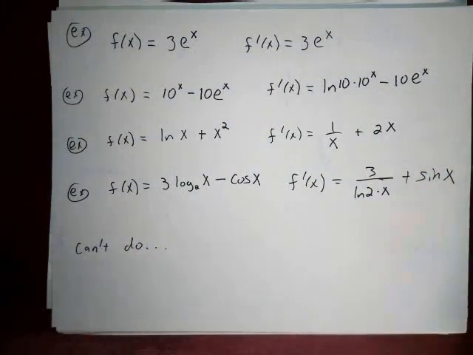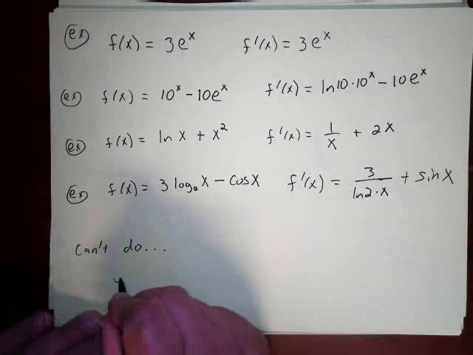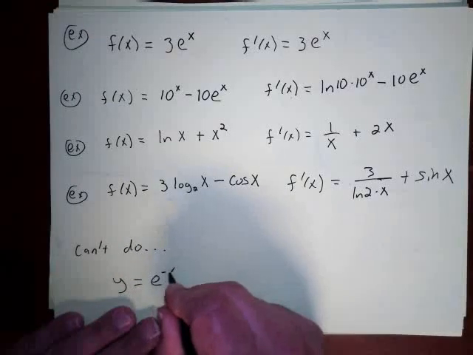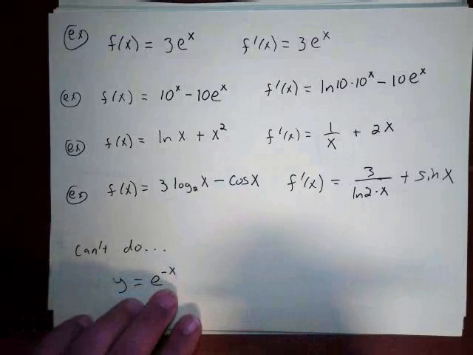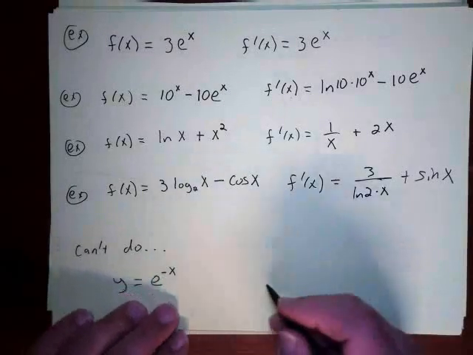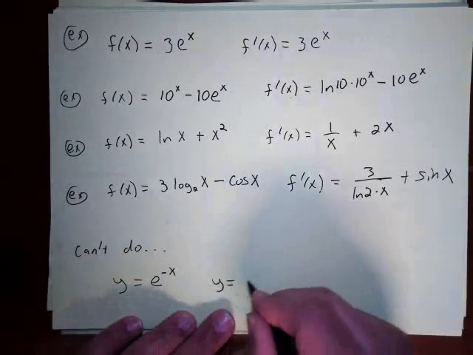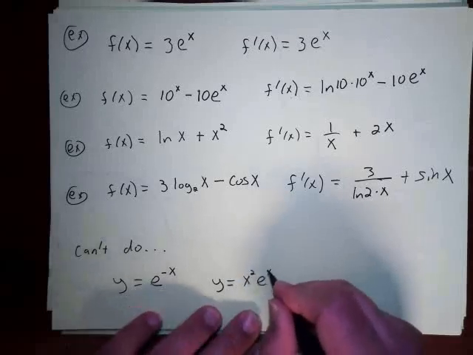So what I wanted to do then is say, now there's still things that we can't do, okay? Like I couldn't do something as simple as y equals e to the negative x, right? I wouldn't be able to do that, and it's because of the negative inside there. I couldn't do y equals something like x squared e to the x.